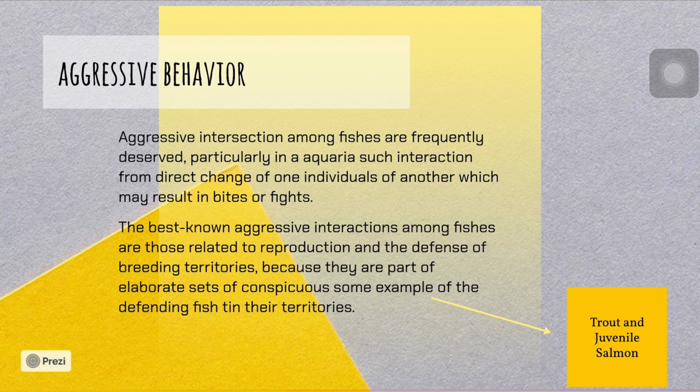So fish are being territorial. They fight for their territory. They fight for reproduction. They fight for themselves.